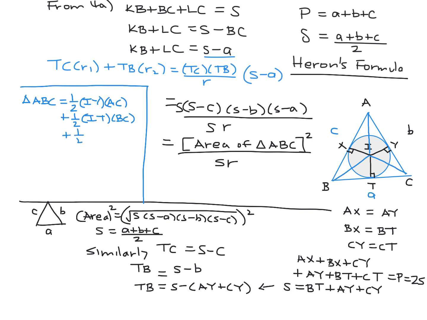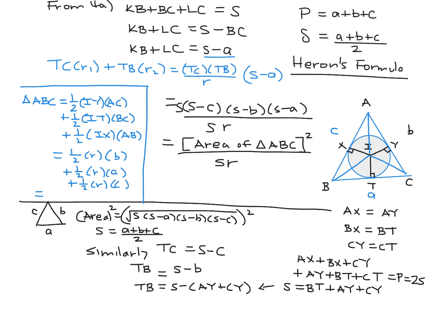And then 1/2 base times height, and the final triangle has IX as the height, and the base there is AB. Now let's use our other variables. IY, IT, and IX are just the radii, so that's all just going to be R. And then AC is B, our BC is A, and our AB is C.